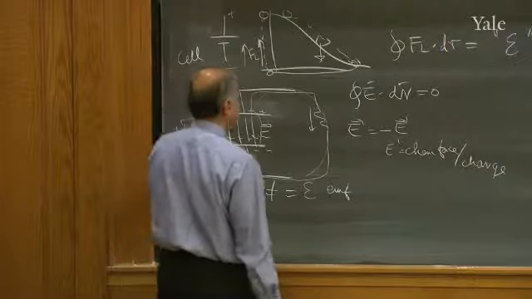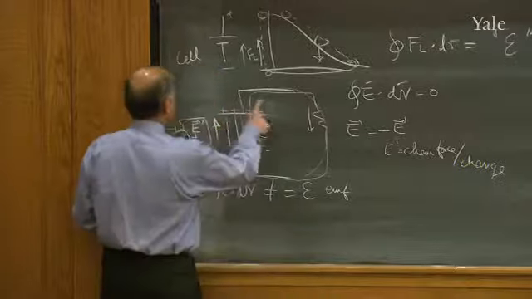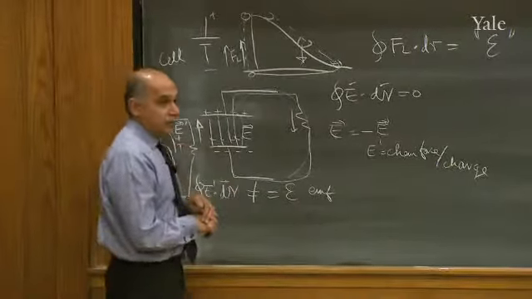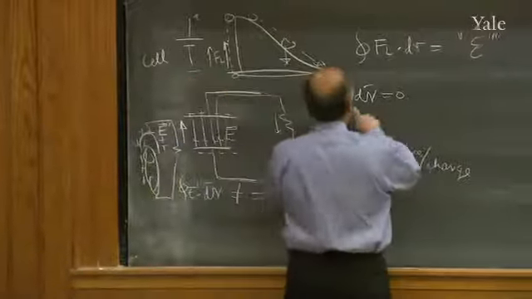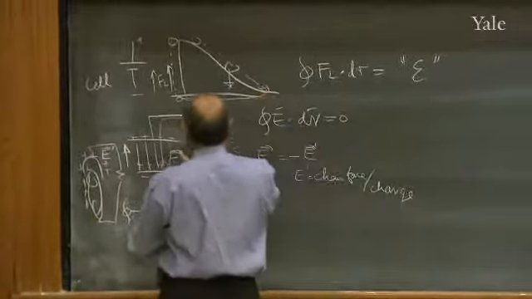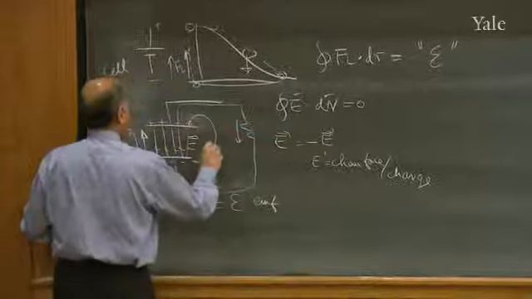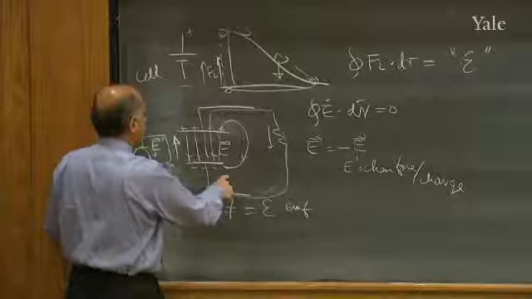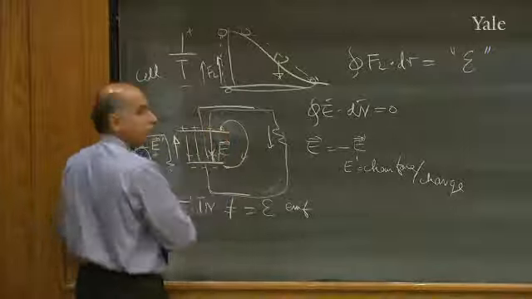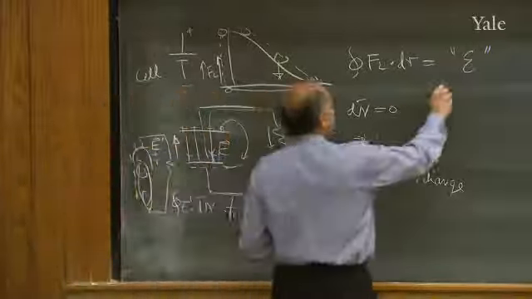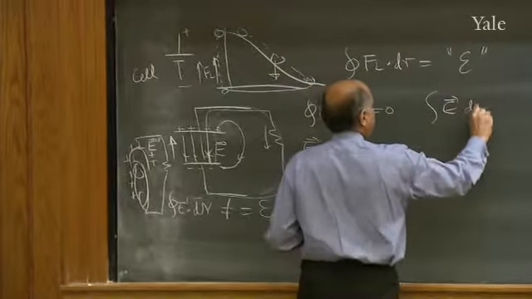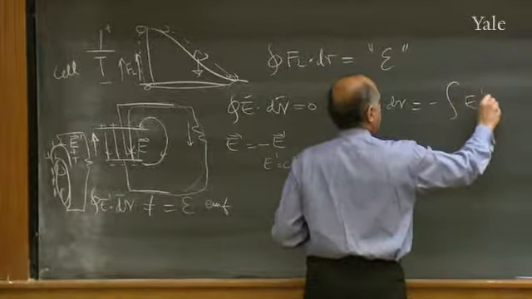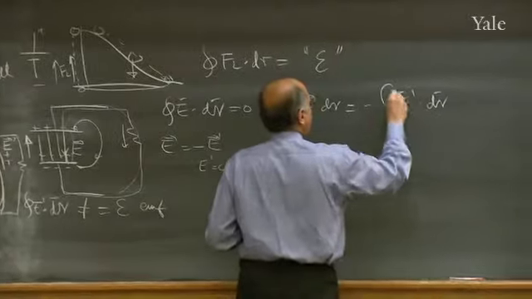Okay, now here's the interesting thing. Since inside this loop, the electric field and the chemical force are exactly balanced, let's look at E dot dr between here and here, between the positive and negative terminal. That's the same as E dot dr inside. So E dot dr from the positive to the negative terminal is minus E prime dot dr from the positive to the negative terminal.